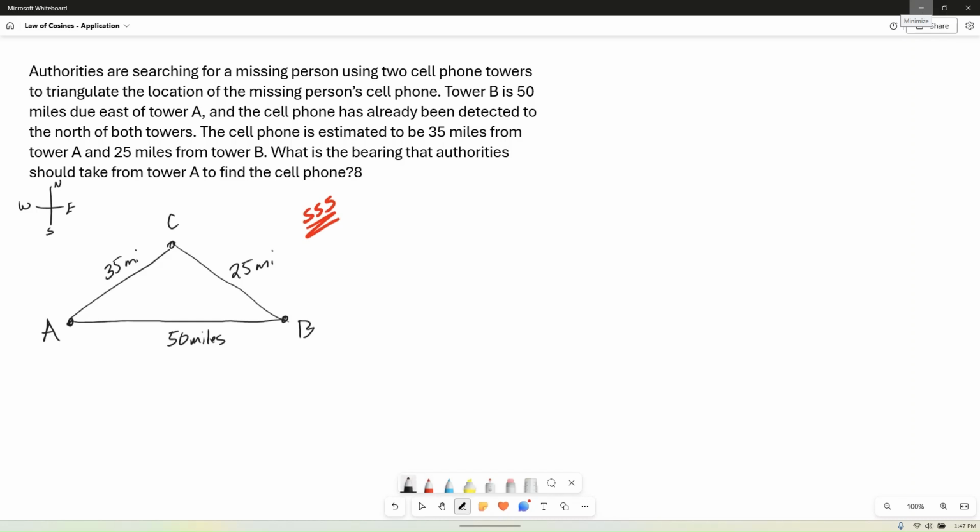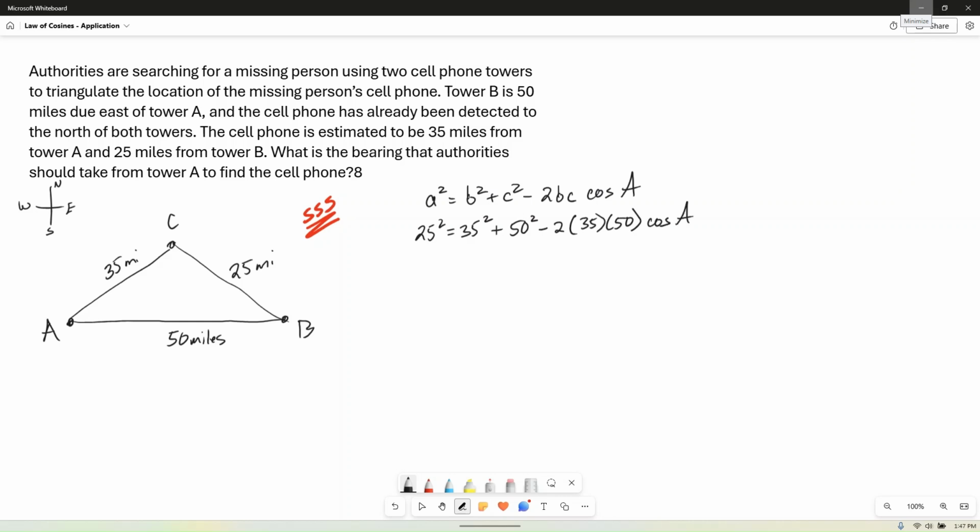We want to find angle A, so we're going to use the law of cosine equation: A squared is equal to B squared plus C squared minus 2BC times the cosine of A. We plug our values in and solve for angle A. So we have 25 squared is equal to 35 squared plus 50 squared minus 2 times 35 times 50, and all that's times the cosine of A.